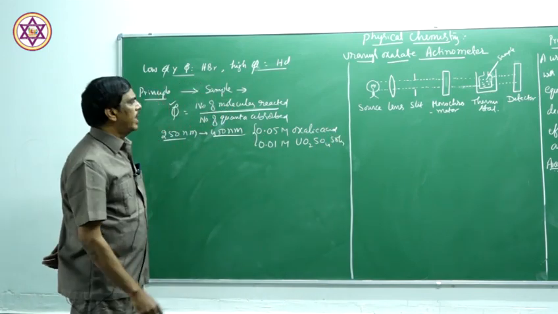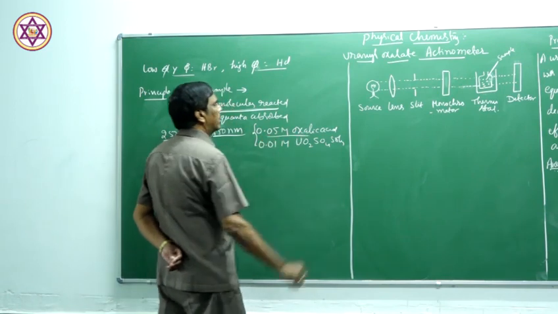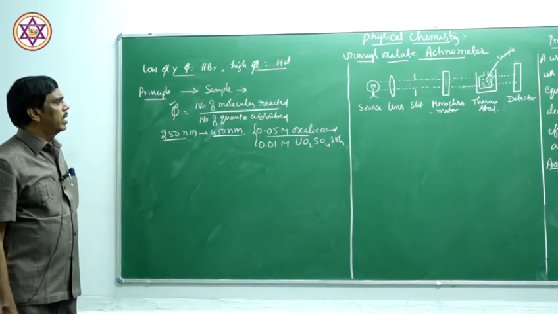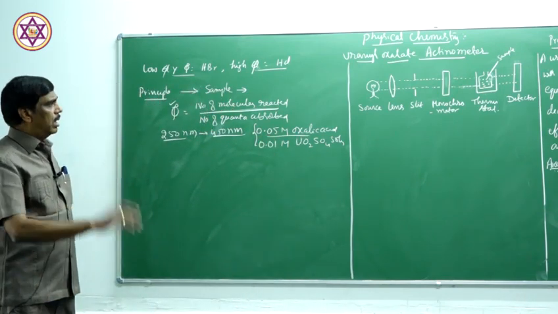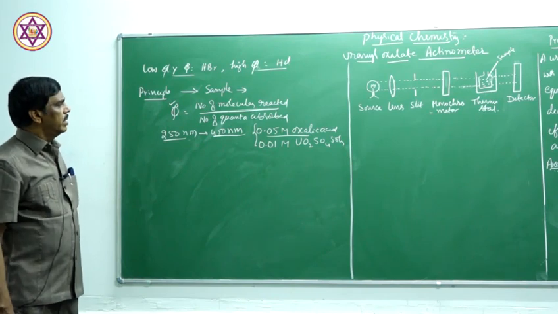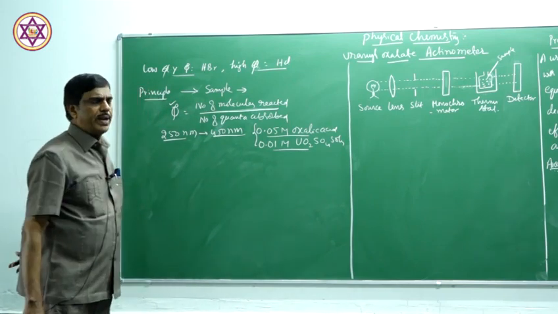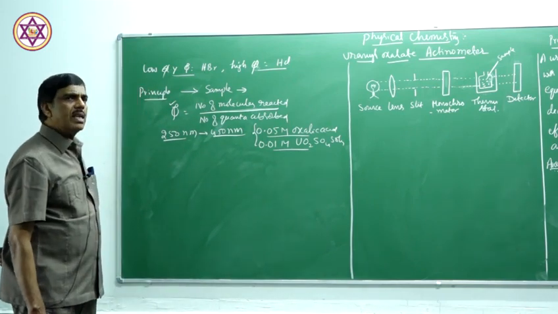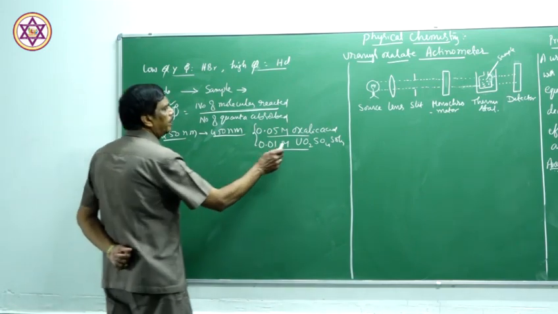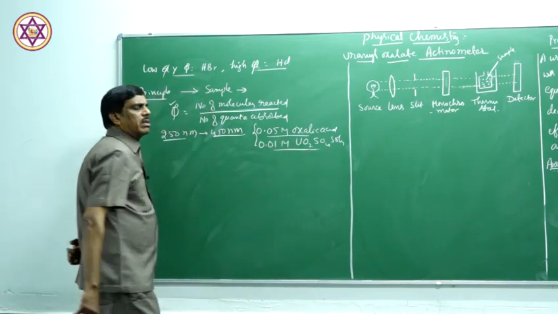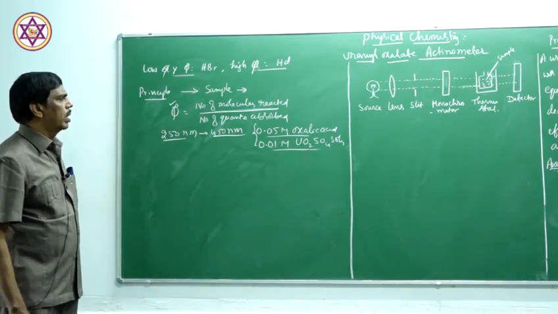Here oxalic acid is the standard solution we use to measure the number of molecules reacted in the unknown reactant substance. Here the uranyl sulfate acts as a sensitizer. Only in the presence of uranyl sulfate does this oxalic acid undergo photochemical reaction.